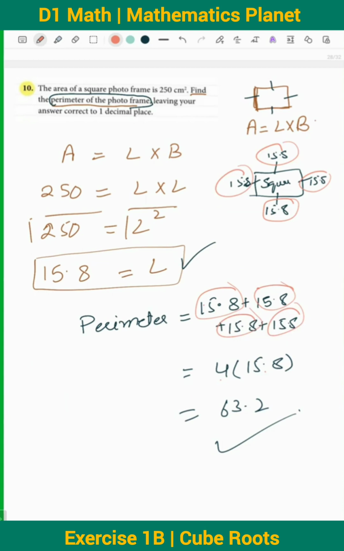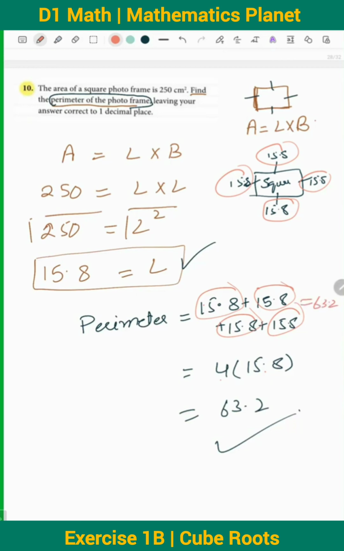Miss, yes, yes. Keep on asking. Miss, I don't understand. If 15.8 plus 15.8 plus 15.8 plus 15.8 is 63.2, then why is 4 times 15.8 the same answer?